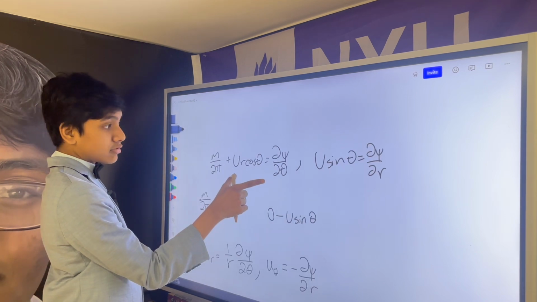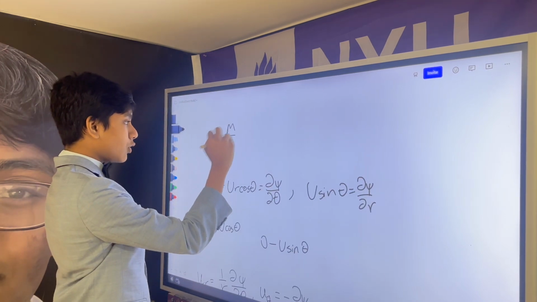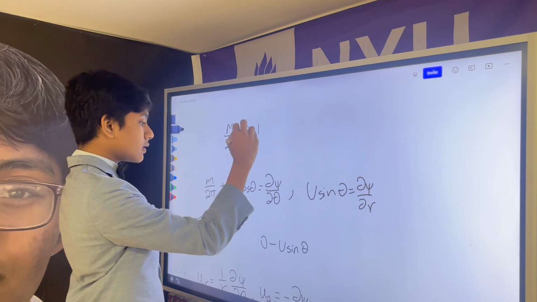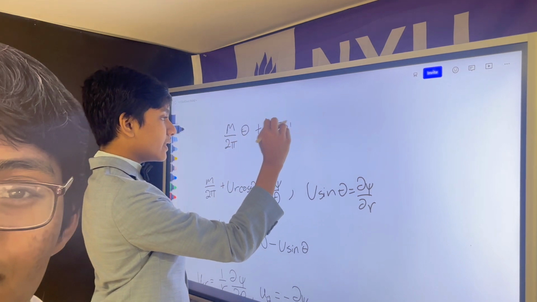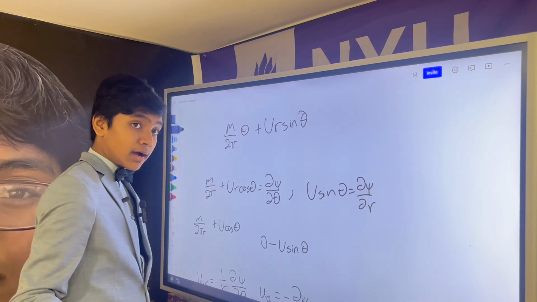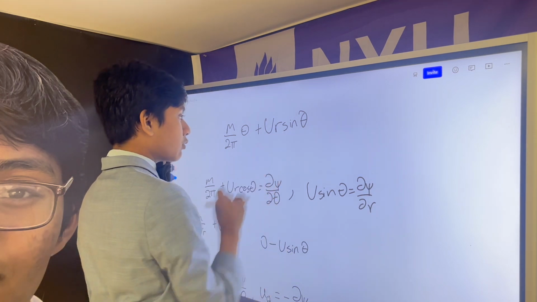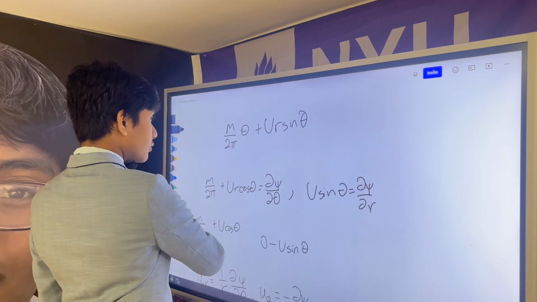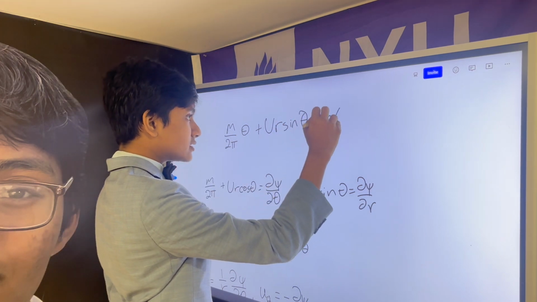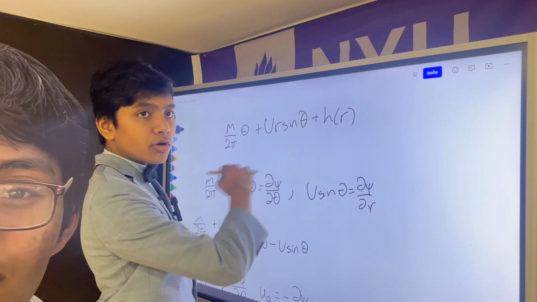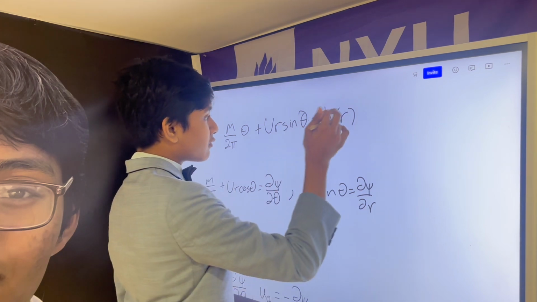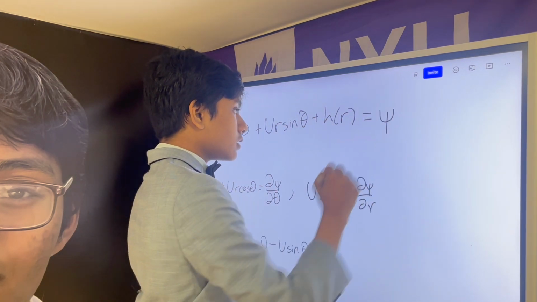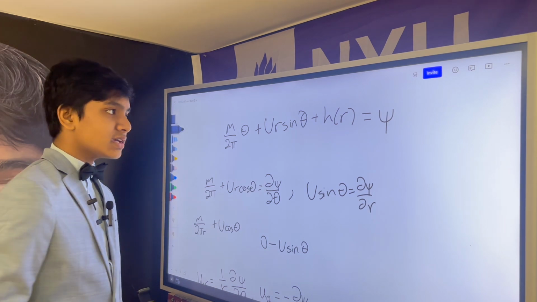Now you integrate with respect to theta, and you get m over 2 pi theta plus u r sine theta. Yes, the integral of cosine is sine, not negative sine. Just think about what happens when you take the derivative again. But remember that you can't forget the constant function of r that will go away once you take the partial derivative with respect to theta. So this is psi.